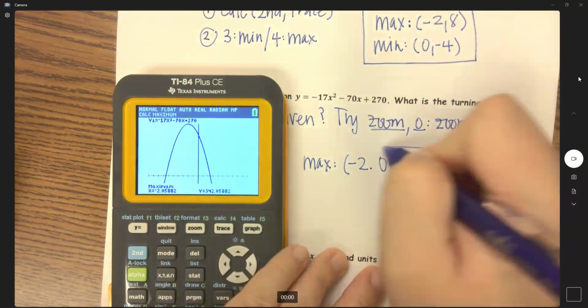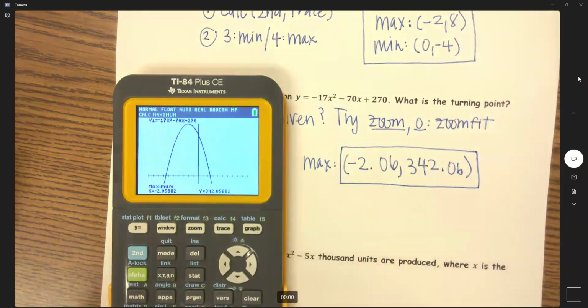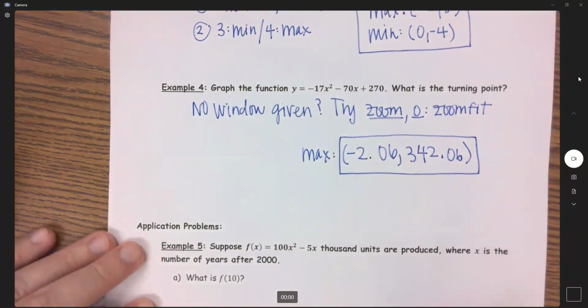So this is my turning point. 5 or up, you round up. 4 or less, it stays the same. So there is my max for this problem.